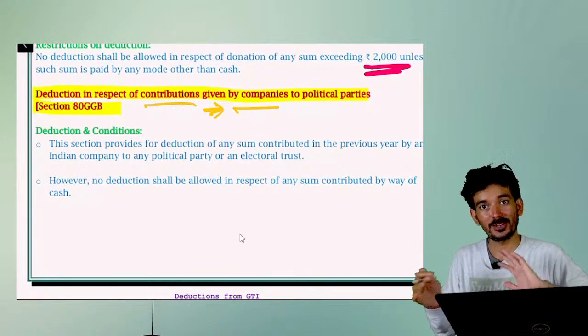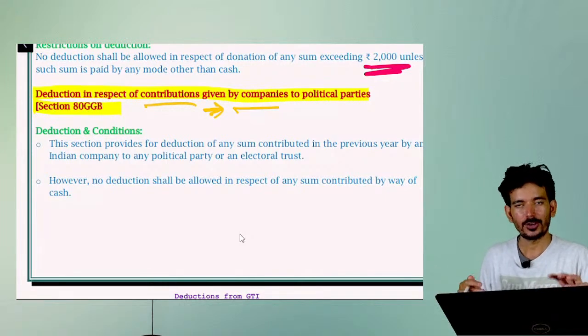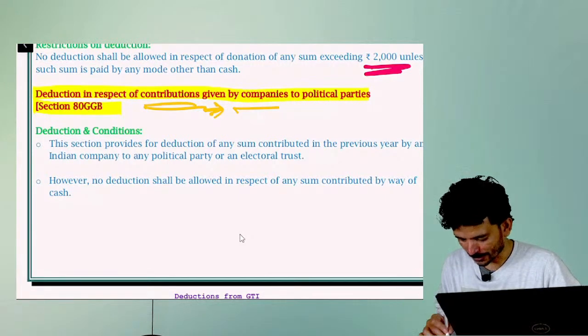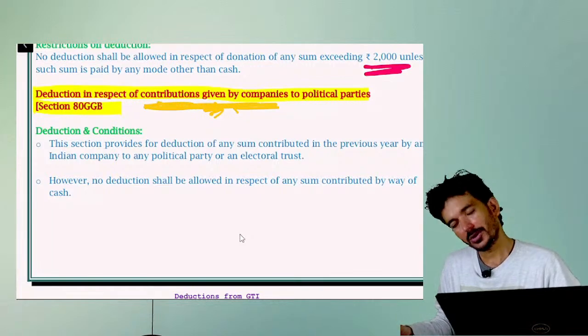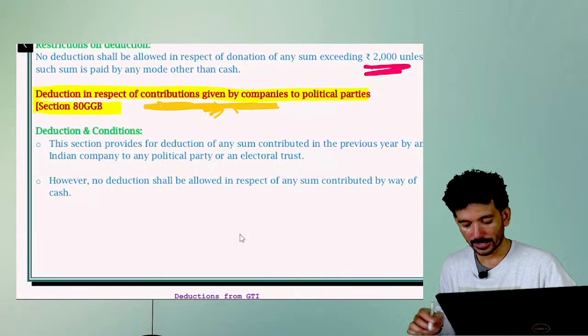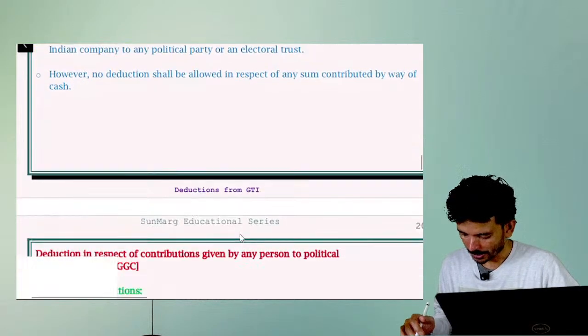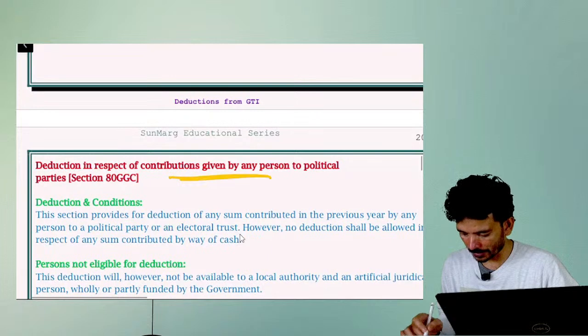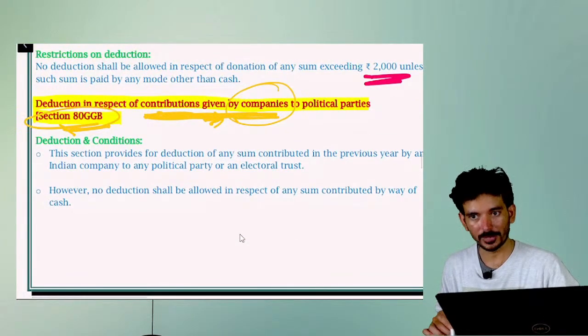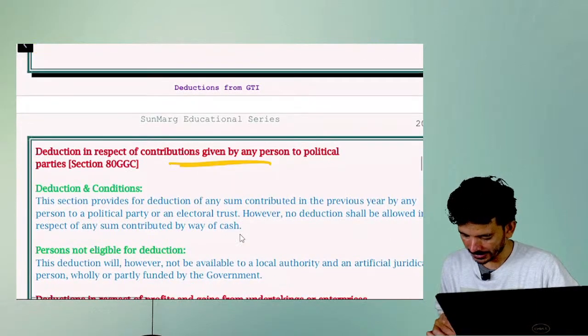One chapter is okay, but across different chapters you have to go back and forth. So if you are contributing to political parties, then you will claim it under 80GGB. But 80GGB is for a company, and 80GGC is for other than a company. Okay, both are the same.